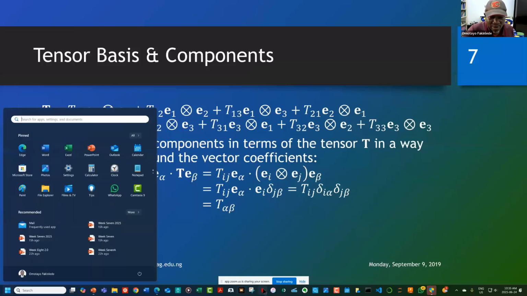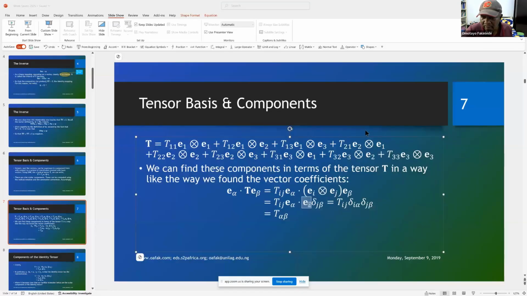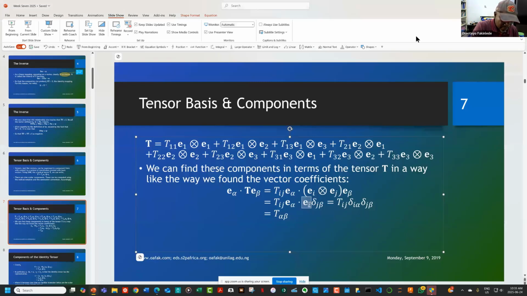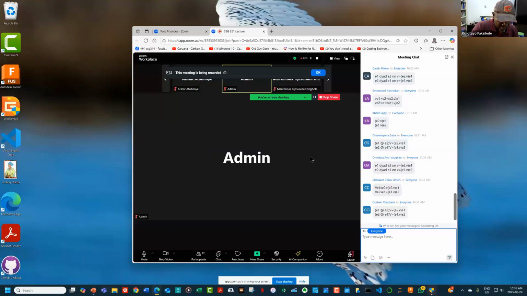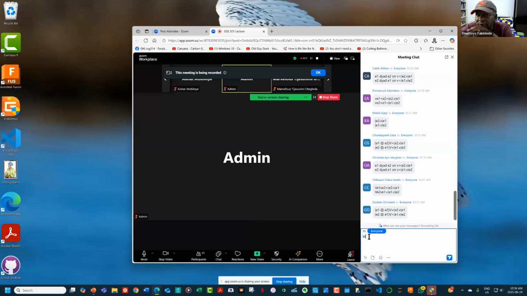Because if you know why equality 1 is correct, everything else is clear.